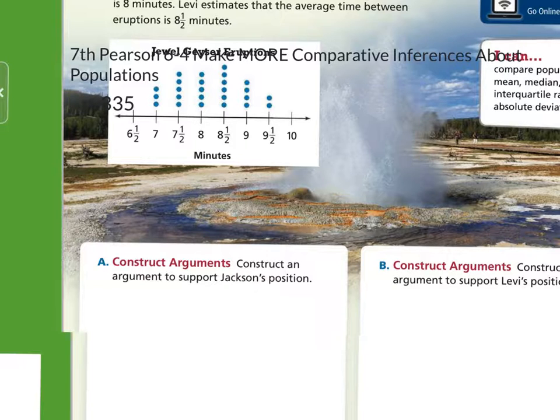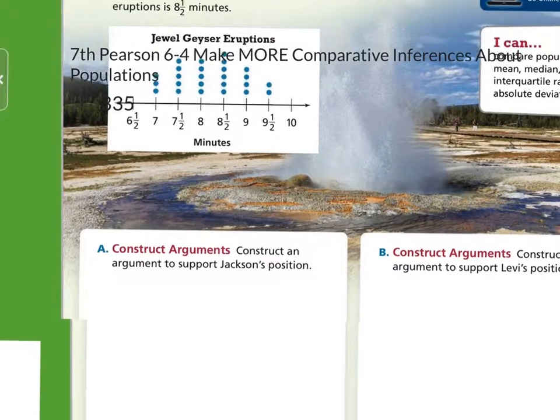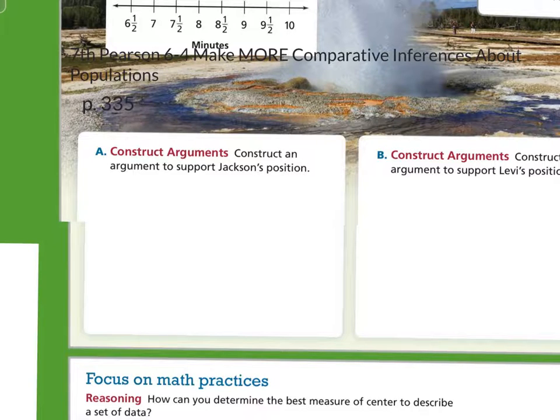And it would take us a minute to figure this out, but an argument that would support Jackson's position could be that the median is 8 minutes.